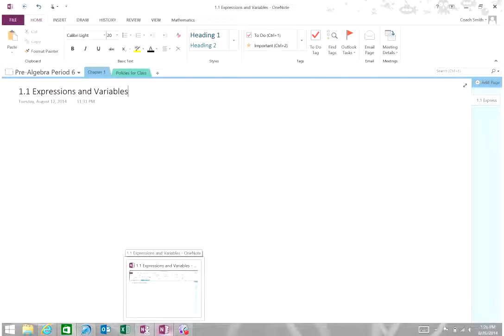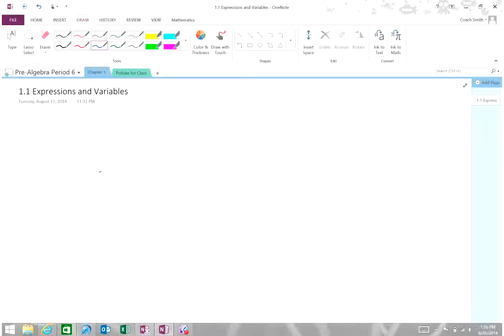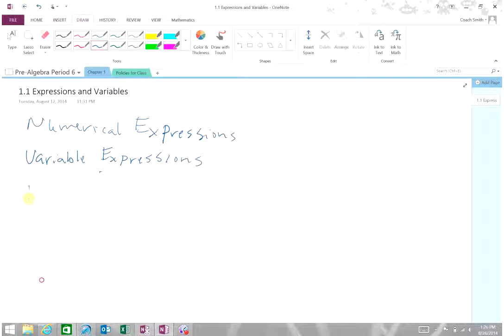All right, 1.1. Three things we need to concentrate on, okay? First one, there's three words. You have numerical expressions, variable expressions, and the word evaluate.